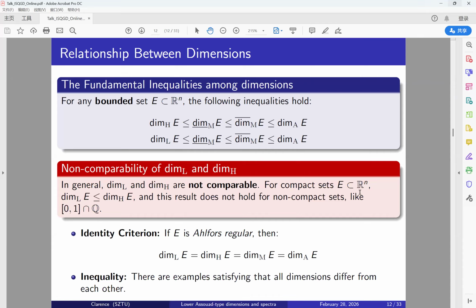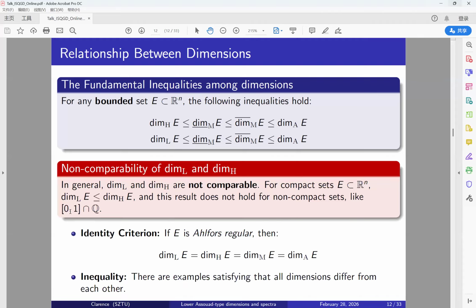For complex sets, the lower dimension would be strictly smaller than the Hausdorff dimension. There's also an important aspect in Diophantine approximation, but here I would like to emphasize that the result does not hold for non-compact sets.